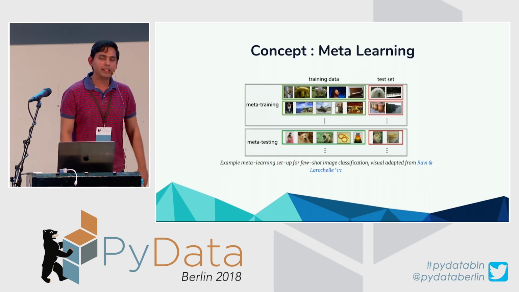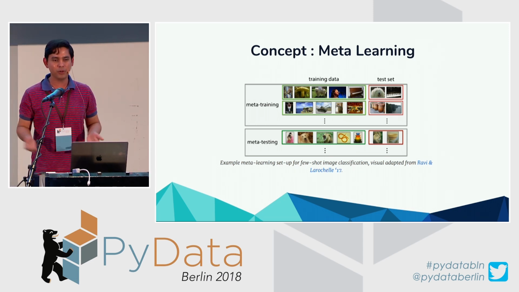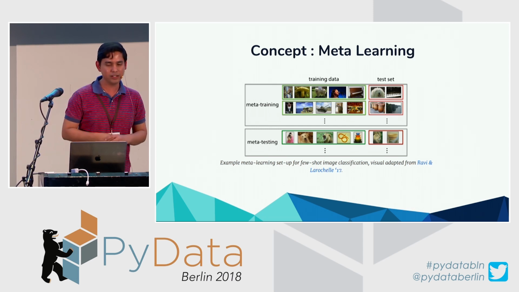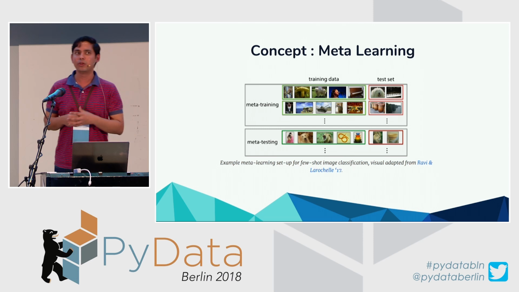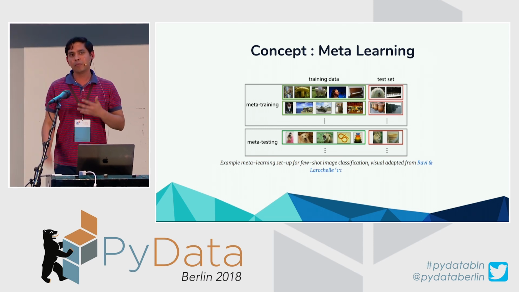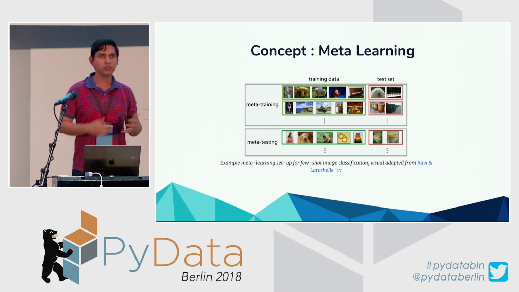The next concept is meta-learning. Meta-learning is a big topic. It can be a paper on its own, a topic on its own in PyData. What is meta-learning? Meta-learning is about combining learning from previously learned data into a new learner.